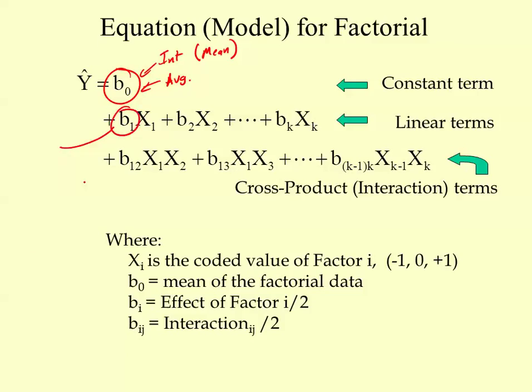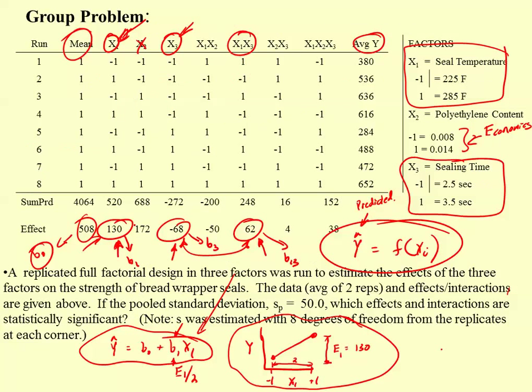And then the coefficient in front of B1 is going to be half the effect. The coefficient for X2 is going to be half the X2 effect, and so forth. Even the interactions, it's half the interaction effect. So our full model in this case, if everything was significant, would look like this.